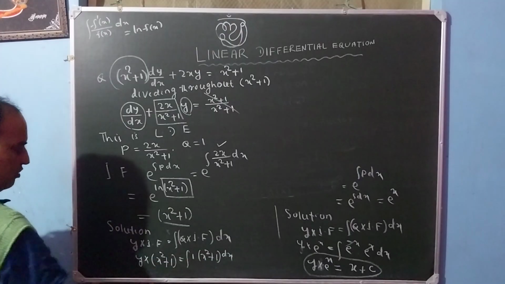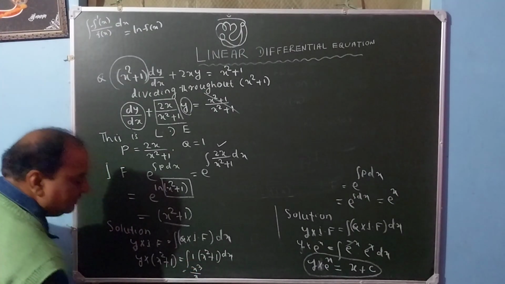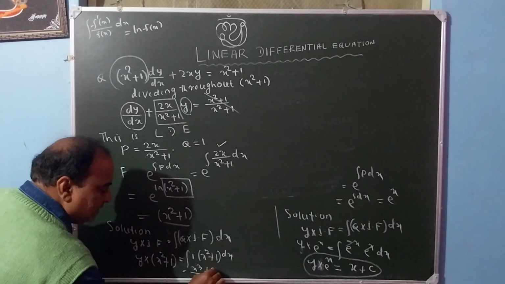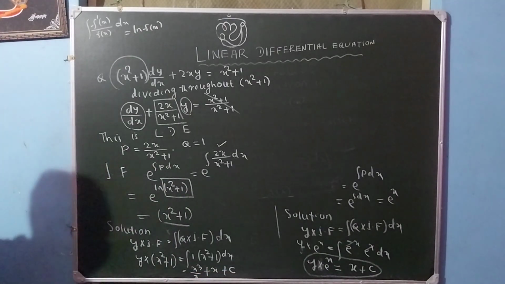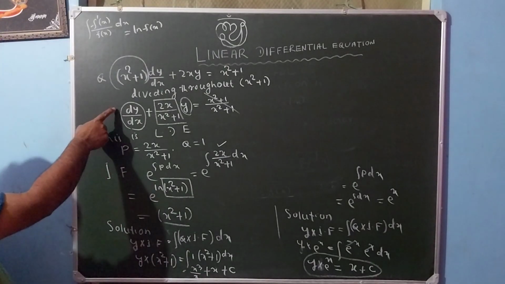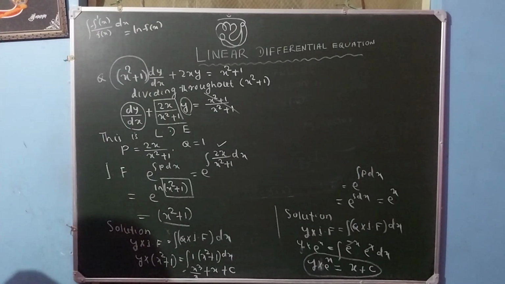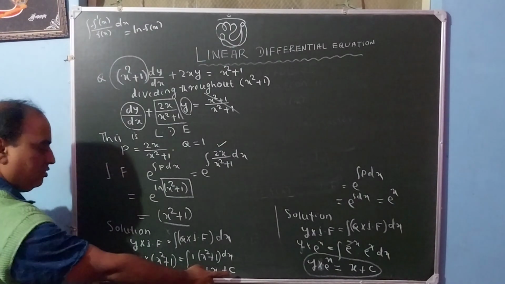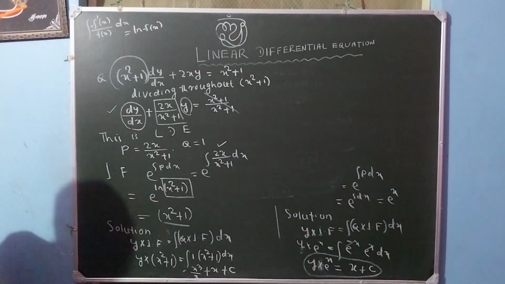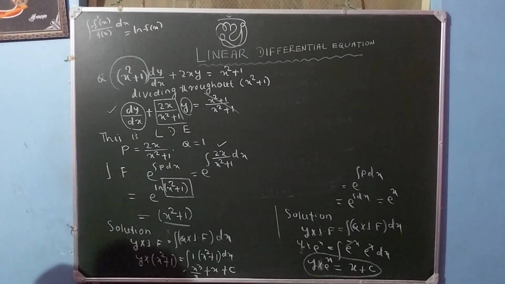Now integration of x square dx is x cube by 3, integration of dx is x, plus c. Never forget to give the arbitrary constant, because the order of the differential equation is 1. So there must be one arbitrary constant in the general solution. The number of arbitrary constants in the general solution must be equal to the order of the differential equation. So this is the answer of this question.